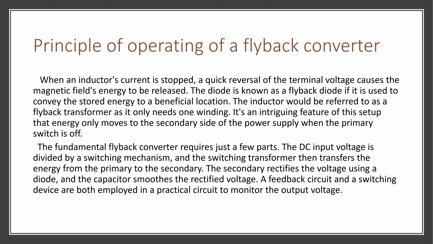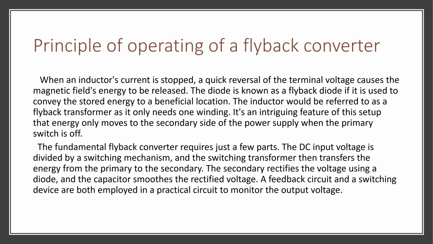It's an intriguing feature of the setup that energy only moves to the secondary side of the power supply when the primary switch is off. The fundamental flyback converter requires just a few parts. The DC input voltage is divided by a switching mechanism, and the switching transformer then transfers the energy from the primary to the secondary part.